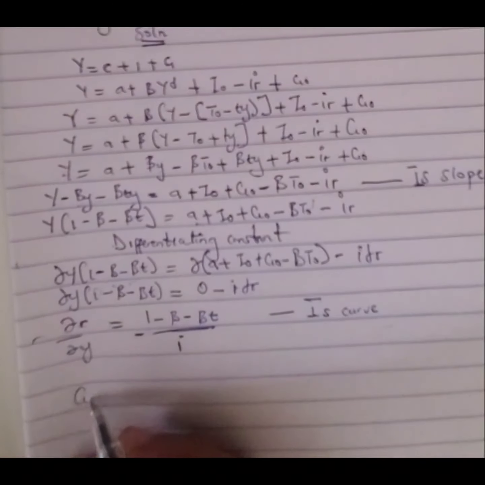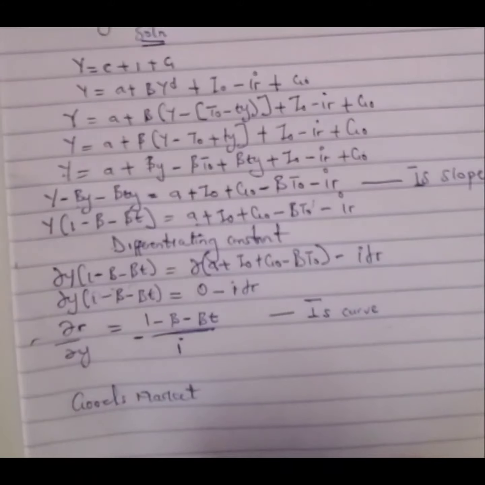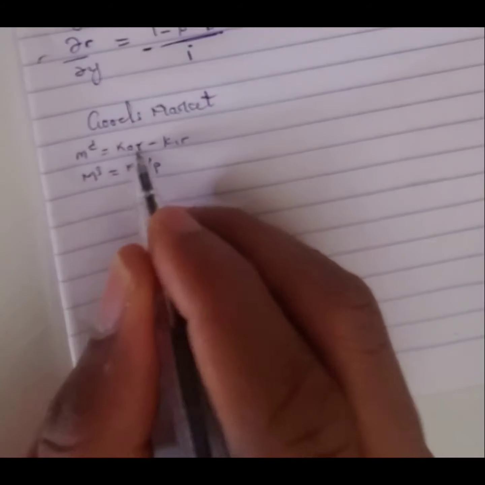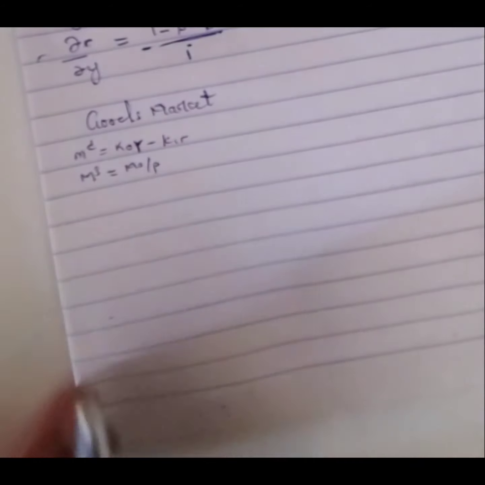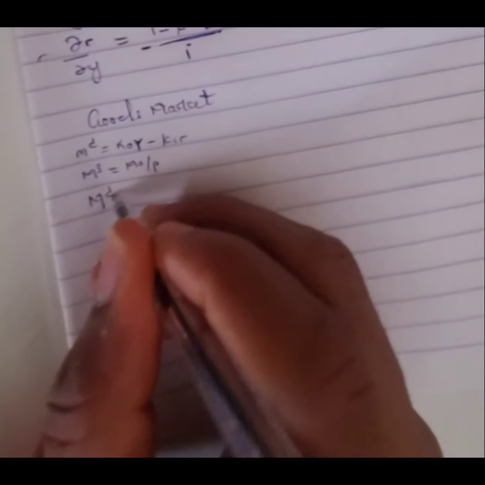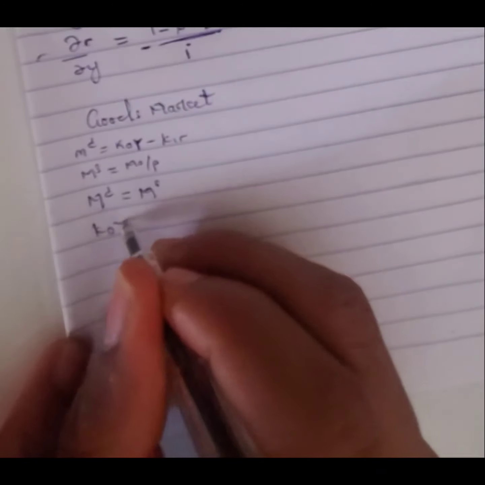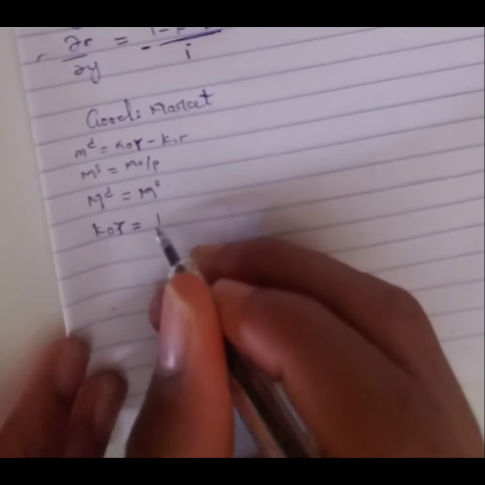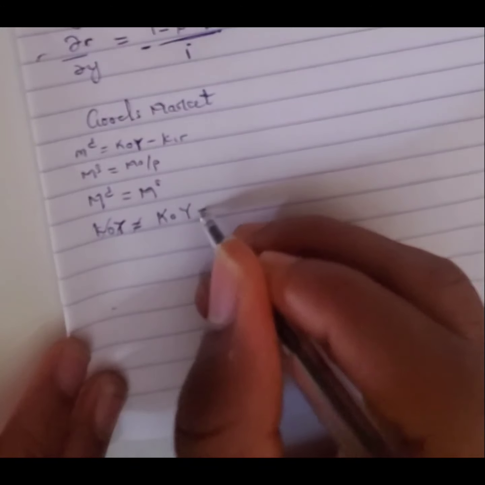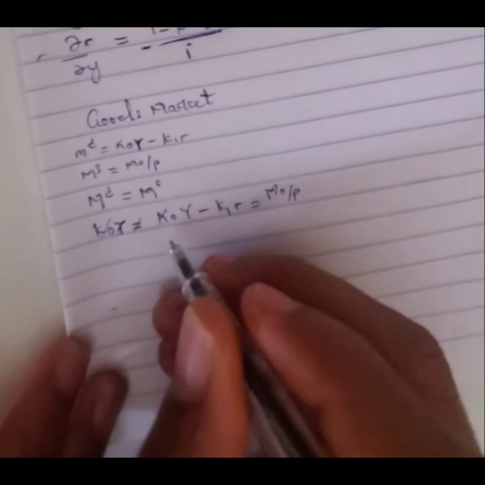Okay, now next we go to our goods market. For our goods market, we know that MD equals K0Y minus K1R, then MS equals M over P, that's our price. To get equilibrium, MD equals MS, so K0Y minus K1R equals M over P. Now we differentiate.